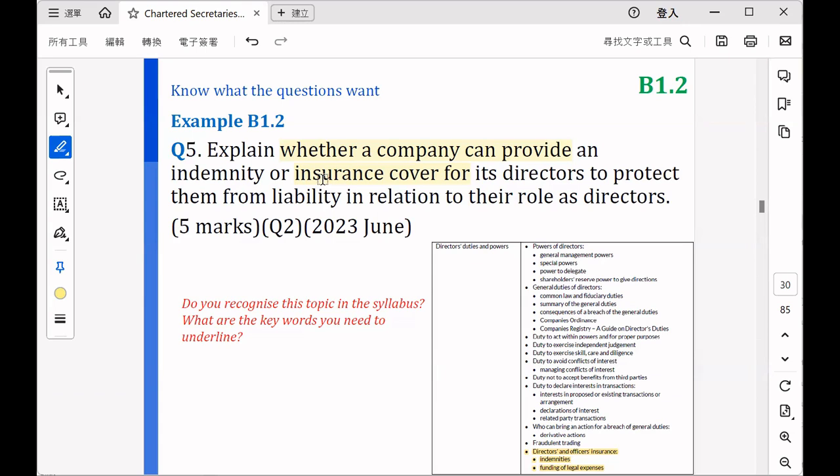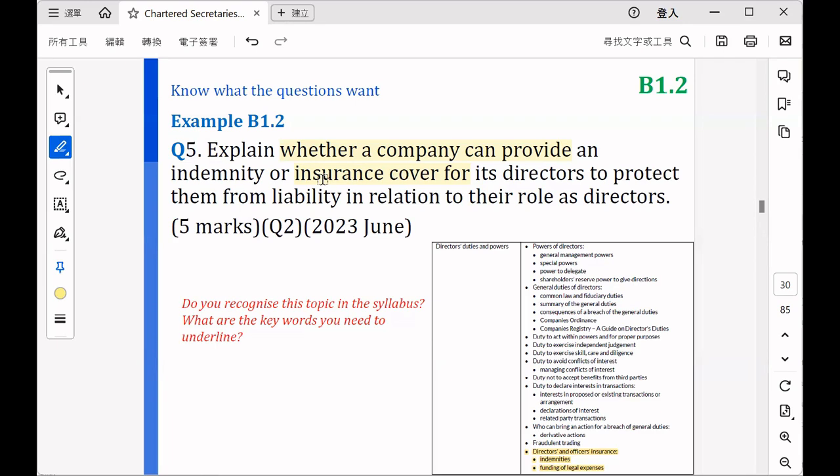So if you have any article in the company's articles or in your contract that helps to exempt or indemnify a director from liability for negligence, default, breach of duty, or breach of trust, then these attempts to exempt the directors from liability are void.